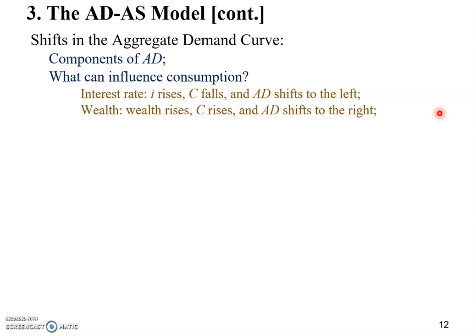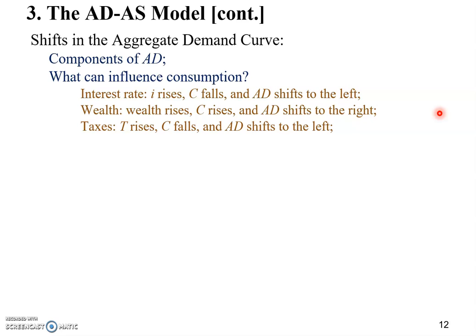If the economy is wealthier, especially the households are wealthier, then consumption would rise. So the AD curve would shift to the right, because it means more aggregate demand. Vice versa, with less wealth, then consumption would fall and AD would shift to the left.